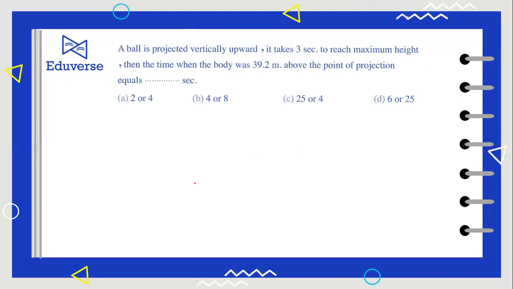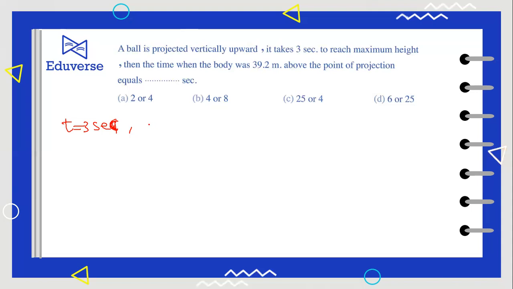A ball is projected vertically upward. It takes 3 seconds to reach maximum height. Then the time when the body was 39.2 meters above the point of projection equals what? Here I have the initial velocity. The time is 3 seconds, and I can find the initial velocity.